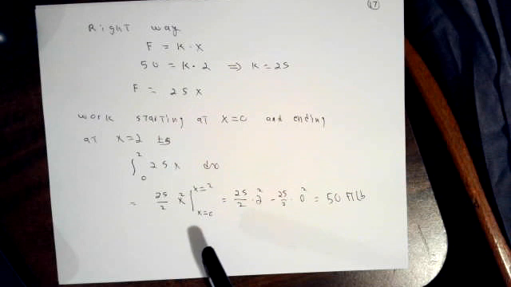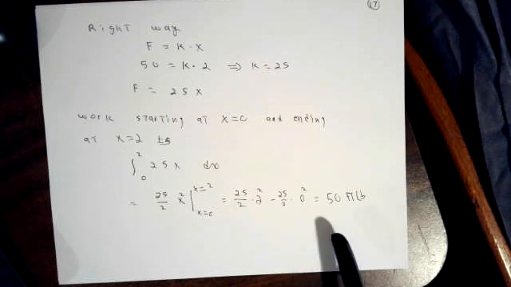Evaluate between x equals 0 and x equals 2, and you find out that the force acting on the object, displacing it from x equals 0 to x equals 2, works out to be 50 foot-pounds, not the other number that you got doing it the wrong way. So we need to be very careful when we read problems to make sure we're doing what we think we're doing.